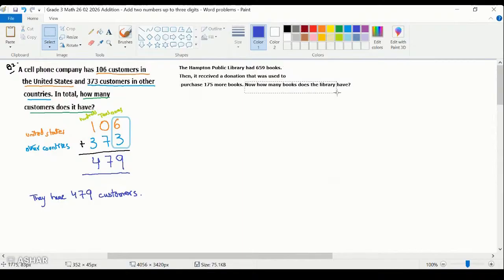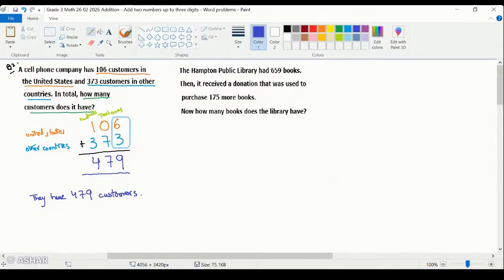So how many books does the library have? Let's realign this. For question number 3, it says the Hampton Public Library had these many books.